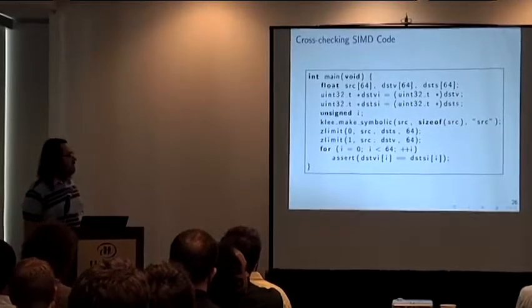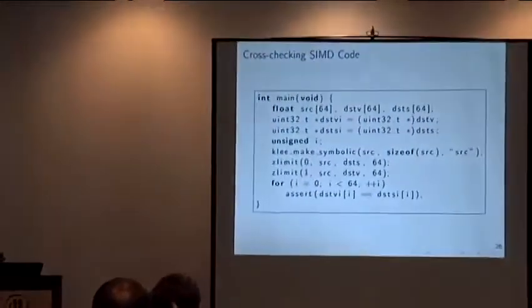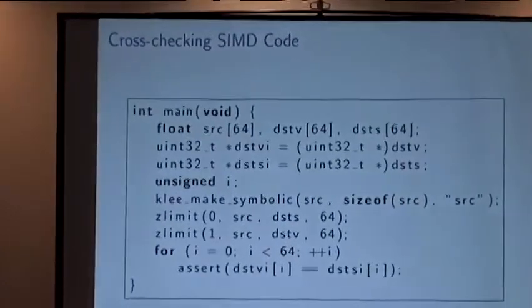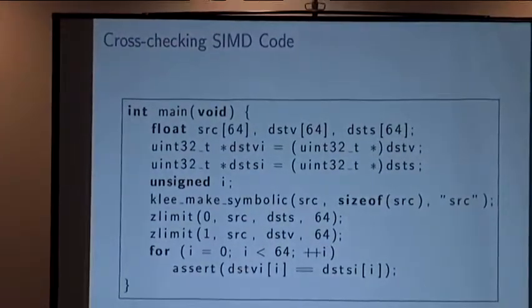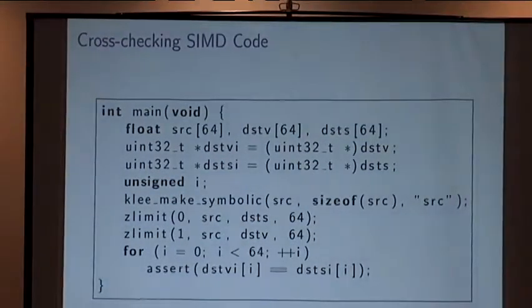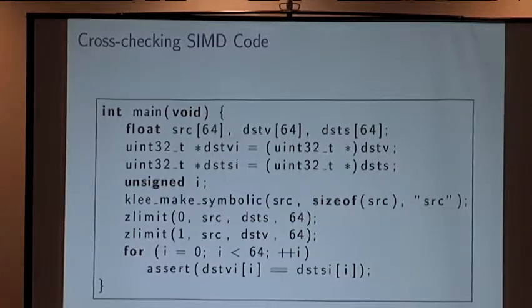So this is our test benchmark driver, and all we do is we create a symbolic source array, which covers the input array. We run the routine in both scalar and SIMD modes, which is what the first parameter is. We loop over the two output arrays and we assert that they're equal.